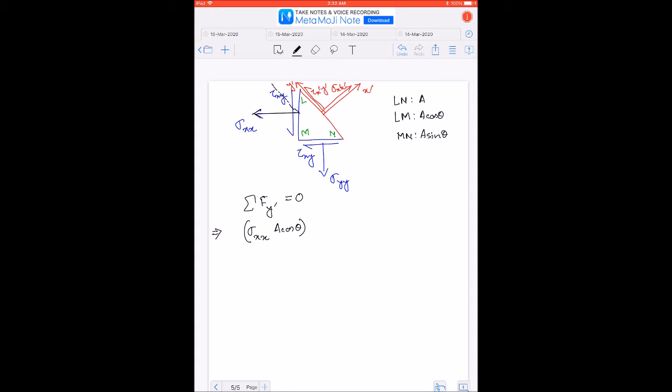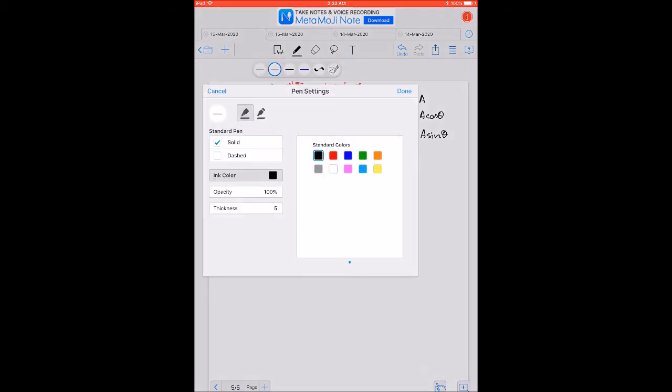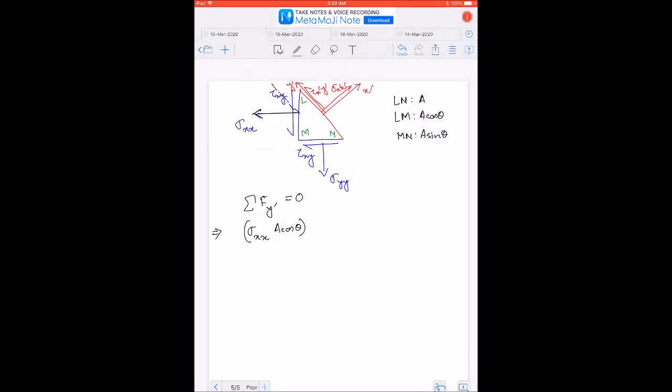So this angle, you note that this is my x direction, this is my y direction, and this is my angle theta.